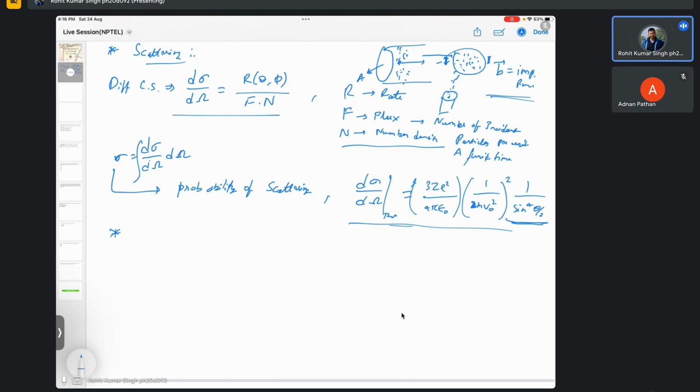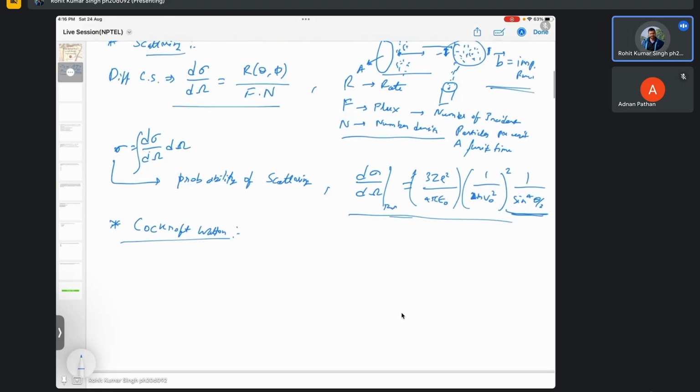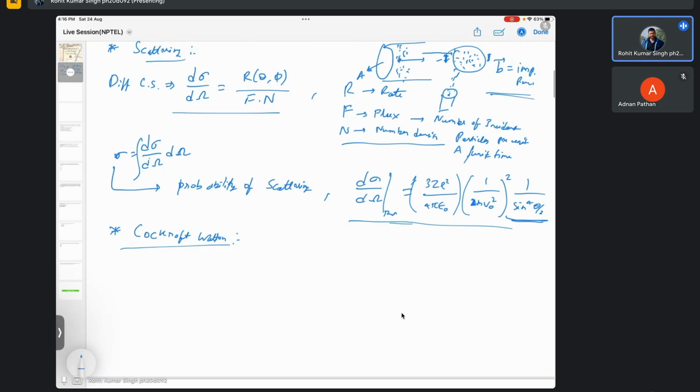Let's discuss briefly one of the accelerators, which is Cockcroft-Walton. How does the Cockcroft-Walton accelerator achieve high voltage? This is done through a series of diode-capacitor circuits.